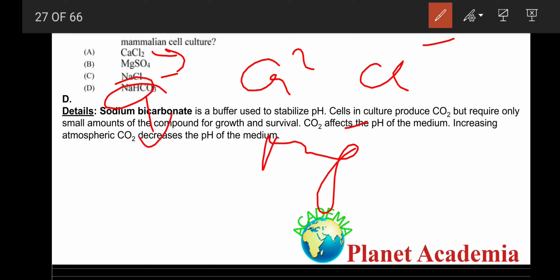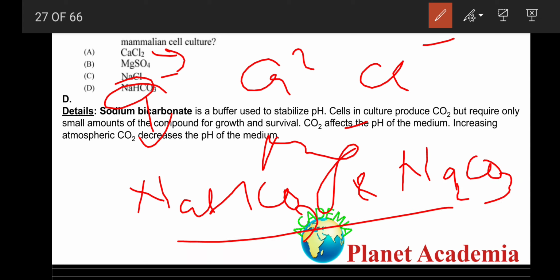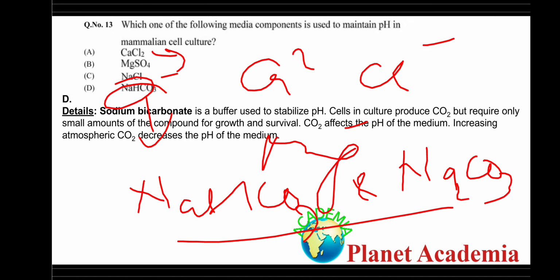Sodium bicarbonate, yes, it is also a buffer. It contains NaHCO3 and Na2CO3, both in different ratios to maintain different pH. So the right option is D. Now going to the next question.